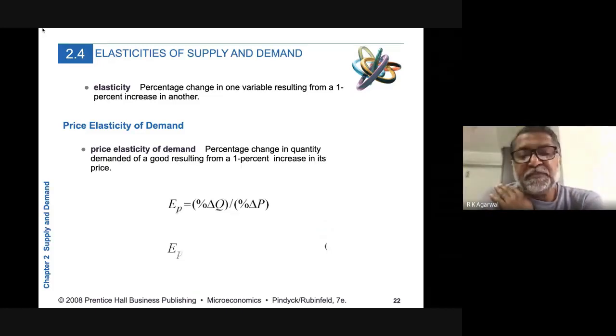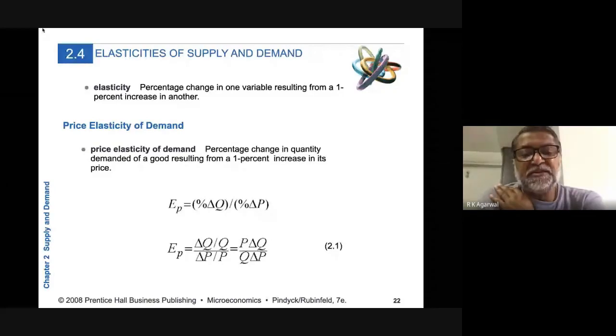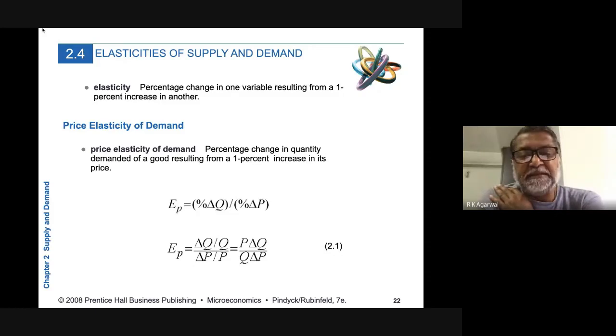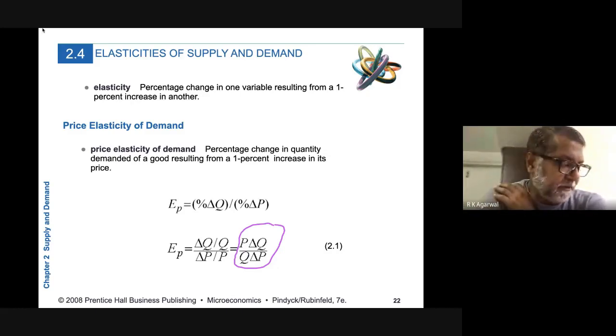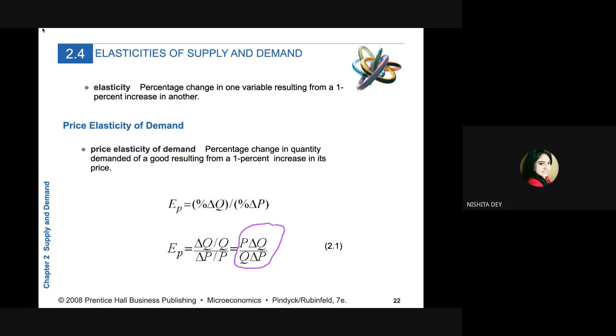And this can easily be written as P by Q multiplied by the slope of the demand curve, that is delta Q by delta P. So this is just a repetition of what I have already explained. Is this fine? Yes, sir.